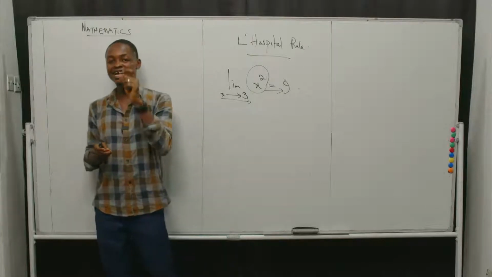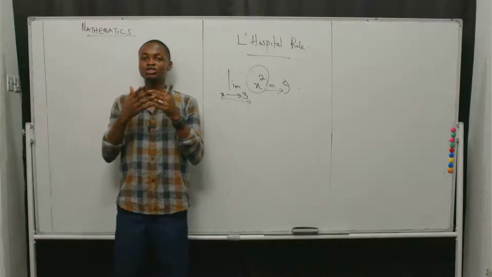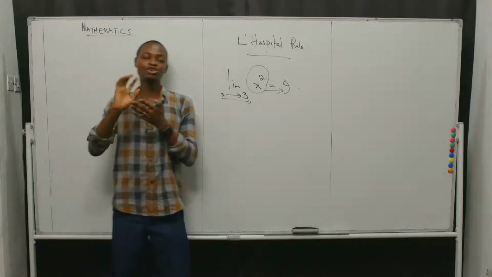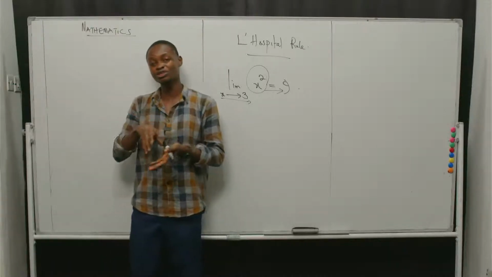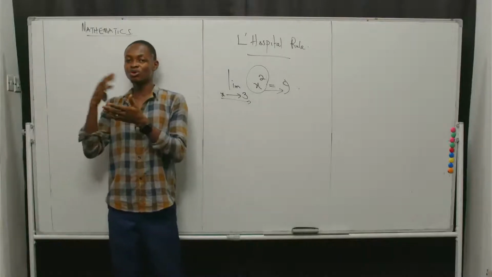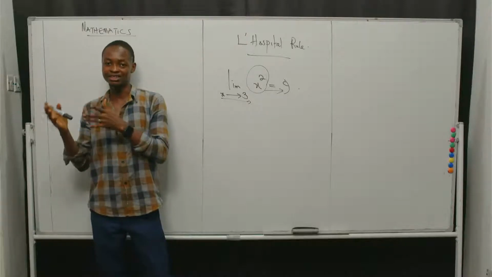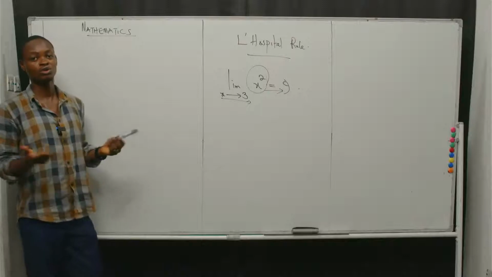Taking the limit there immediately allows you to get a result that is defined. If, however, you take the limit and it's still undefined, then you repeat the process: you differentiate the new numerator and denominator again. That way, you continue the process until you get a value that exists. So that is what the L'Hopital rule talks about.